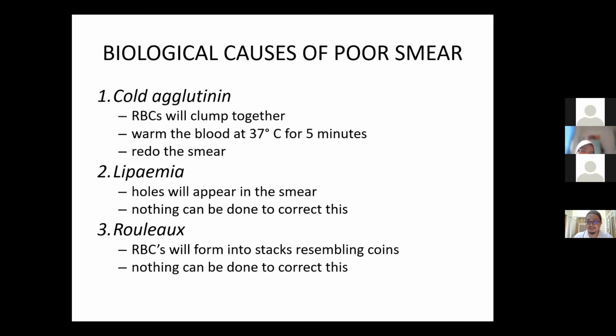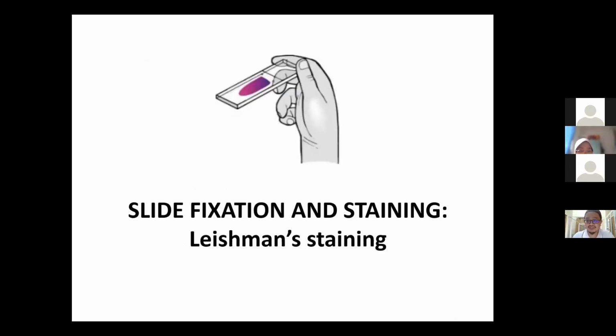If the lipemia is due to procedural problem, so you have to ask for a new blood sampling. Rouleaux, okay, this is the RBCs forming stacks, yeah, resembling a stack of coins, form into coin stack. Kenapa saya tulis into stack resembling coins? Okay, also nothing can be done to correct this, yeah.